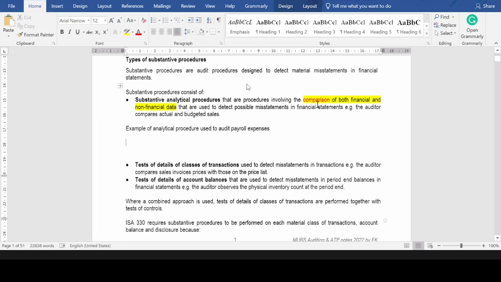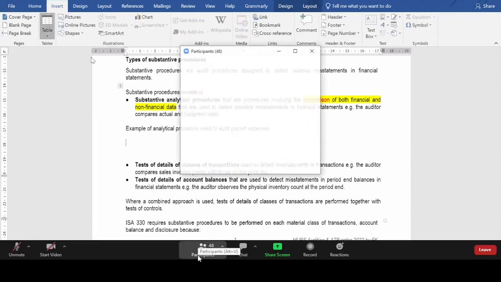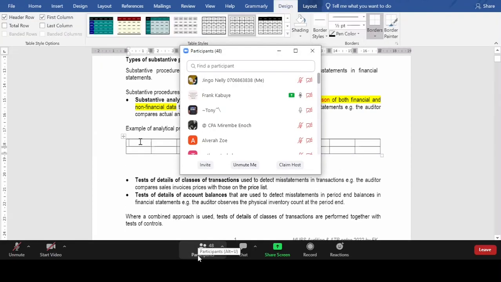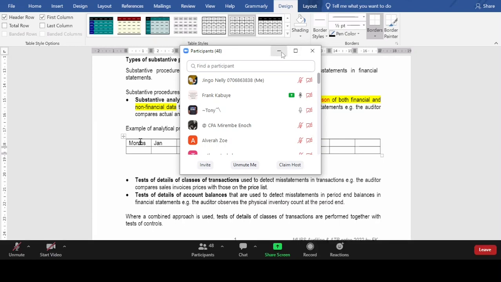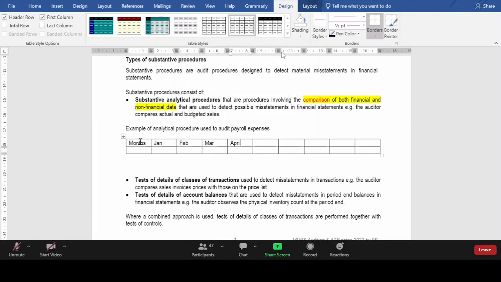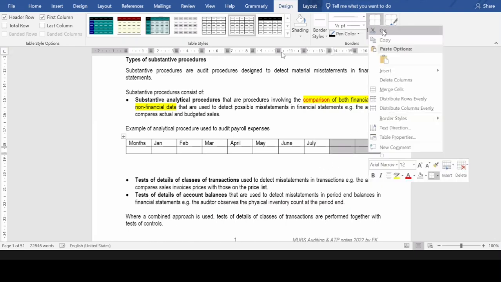So, assuming you're auditing your payroll, you put the months, for example, January, February, March, April, May, June. We're now in July. So we don't need these 2.